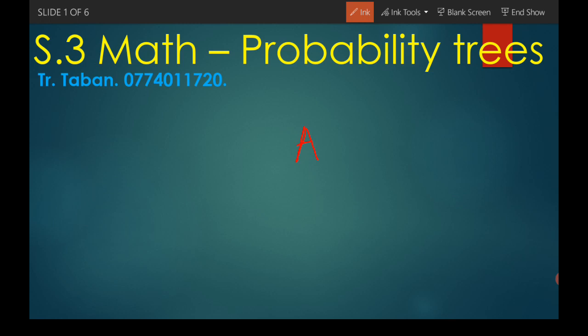So an event can be anything. So we say that the probability of getting that A is always equal to the number of A divided by the total, like that.